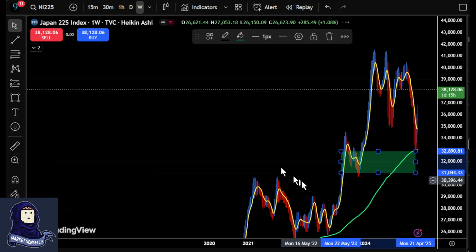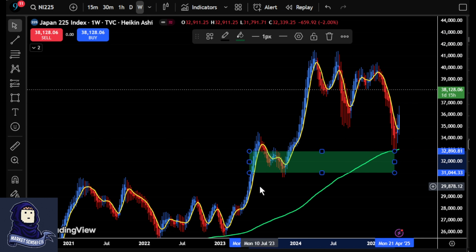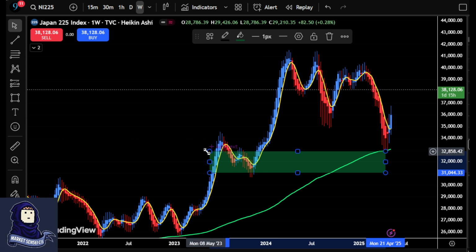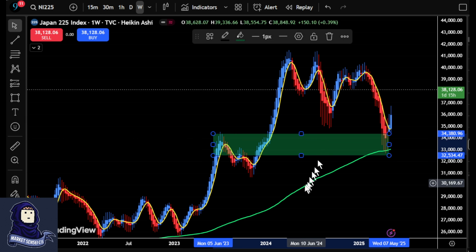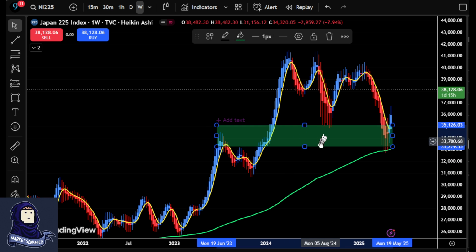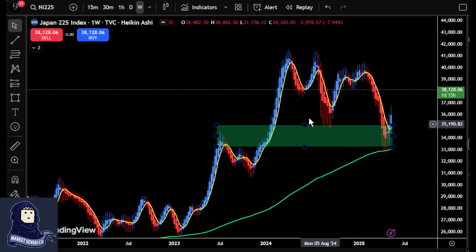Let's see the weekly chart. Yeah, so it's quite similar, somewhere around here, these areas, maybe even here. So the more it bounces on that area, this is the support resistance area.